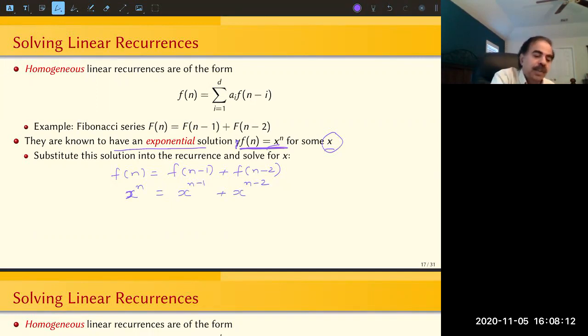We're just substituting f of n minus 1 with x to the power n minus 1 and f of n minus 2 with x to the power n minus 2. And now we can divide everything by x to the power n minus 2. So we get x squared equals x plus 1.